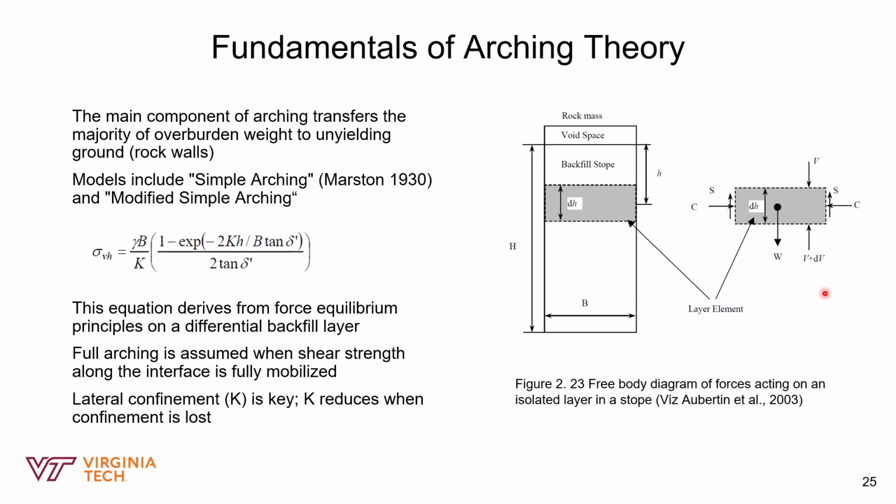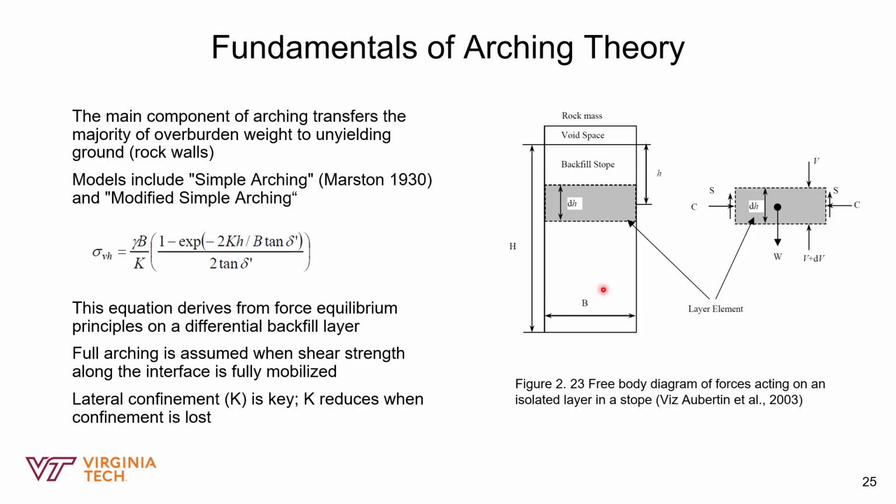So let's look at this diagram here, which is representing the free body of forces acting on an isolated layer. So this diagram is the foundation of the analytical model of arching. It shows a thin, isolated horizontal layer of the backfill with height dh, and this is contained within the stope of width b.